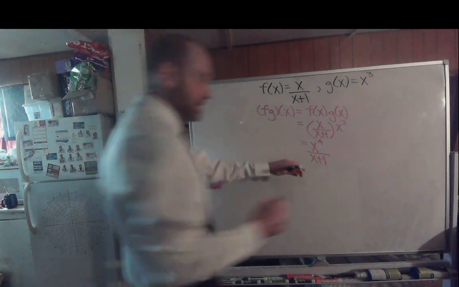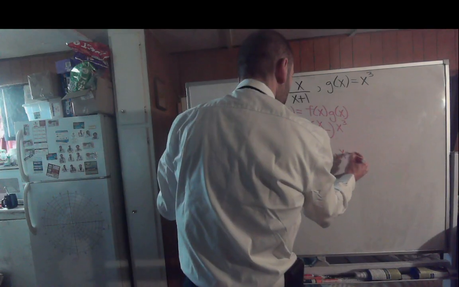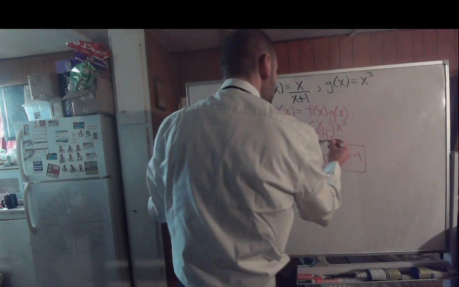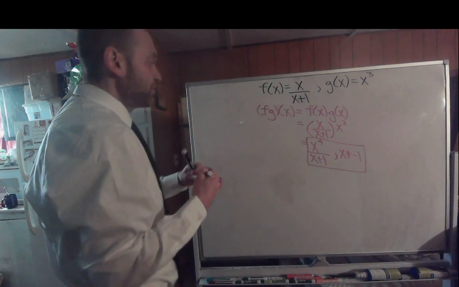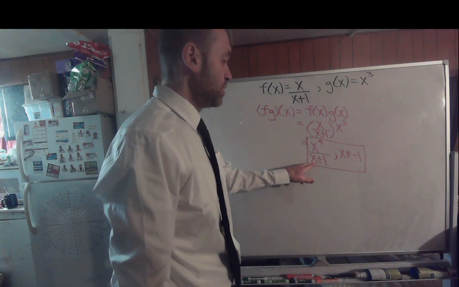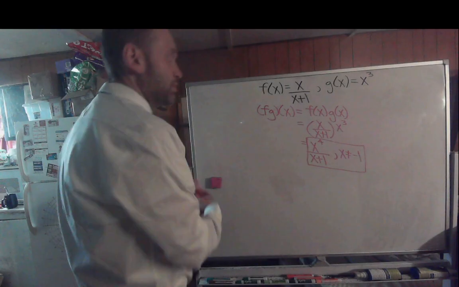Again, provided that x does not equal negative 1. So f times g of x equals x to the fourth over x plus 1, provided that x does not equal negative 1.